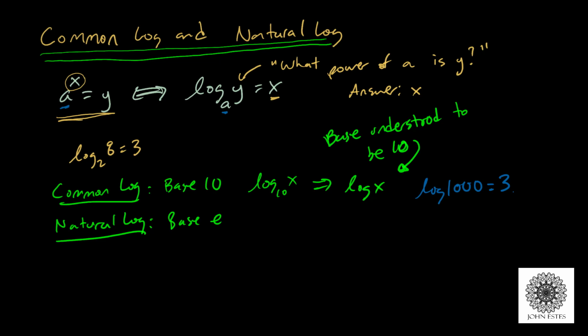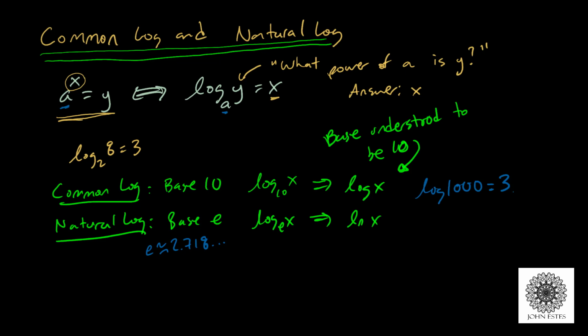Okay, now the other one, natural log, is base e. Now remember, e is this exponential number, and it's around 2.718, and it's irrational, so it keeps going on from there. E shows up a lot when you're modeling population and decay and things like this, so it's very natural to talk about it, and we call it natural log. So log base e of x, we don't write that usually, we write ln x. This comes from the French expression for natural log.